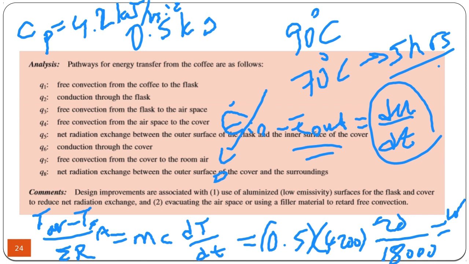You take an average temperature. The average temperature here is 80 Celsius. So by using 80 Celsius average temperature, you can also calculate the total resistance, right? And total resistance is the resistance that you can calculate from the network of the resistances. So this is where I will stop.